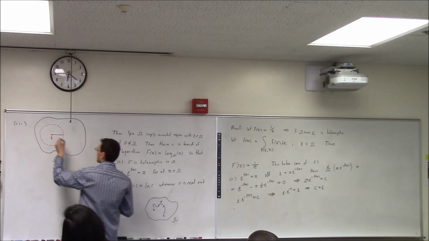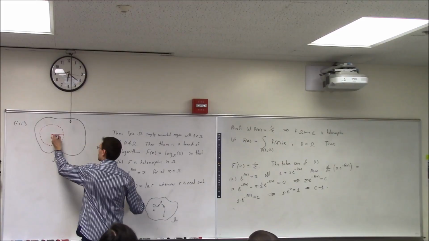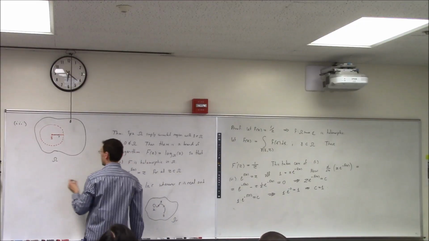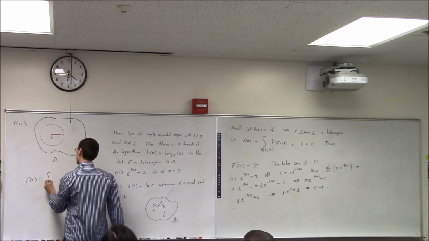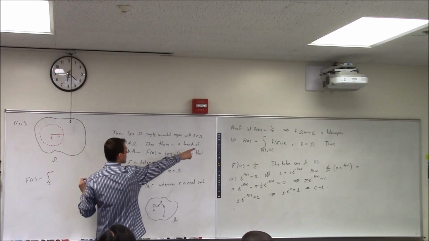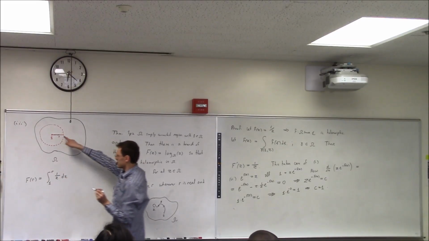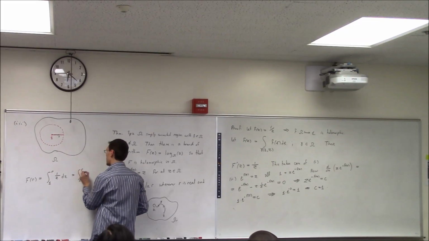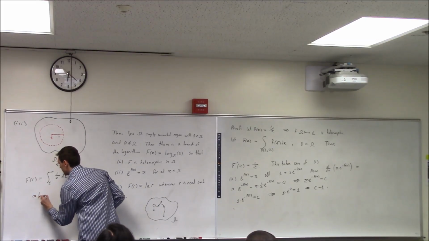So if it's contained in the region omega, what I can do is select R to be here, select the value of R to be here, and select this path. Select the x-axis, right? So then f of R is simply the integral from 1 to R of the function 1 over z dz, but dz is on the x-axis, right? So this is simply the integral from 1 to R of 1 over x dx, which is ln of R.